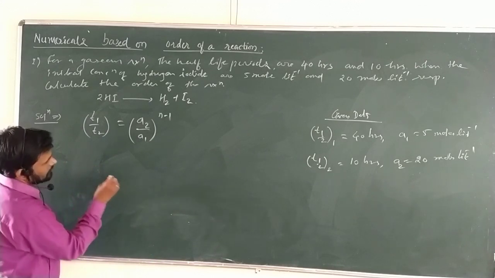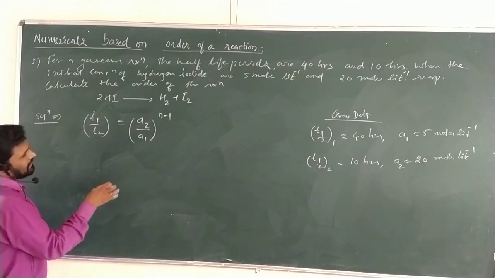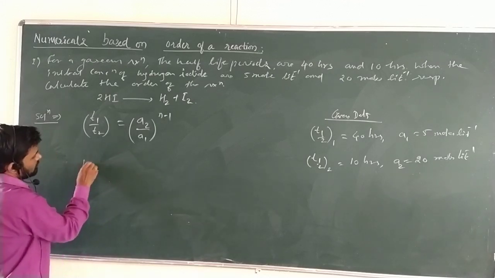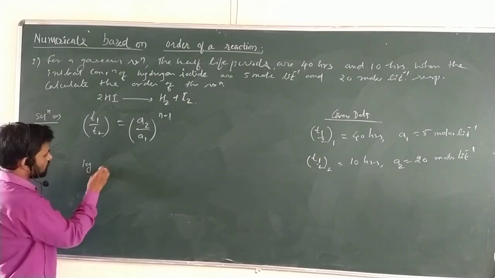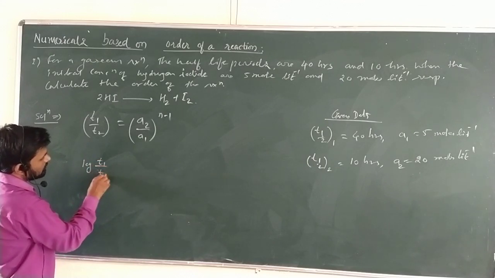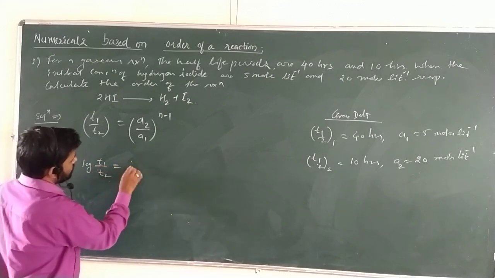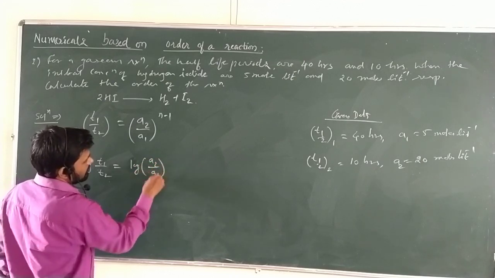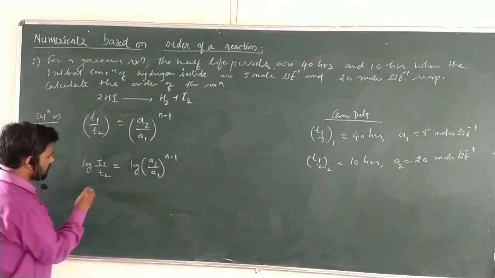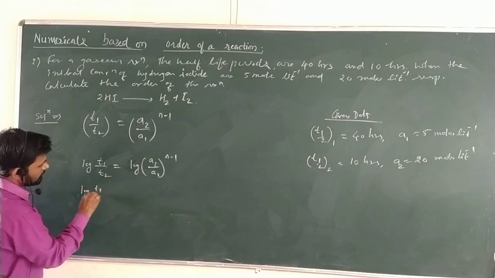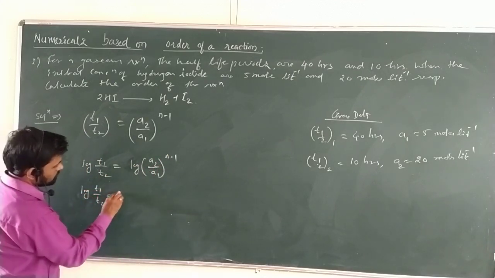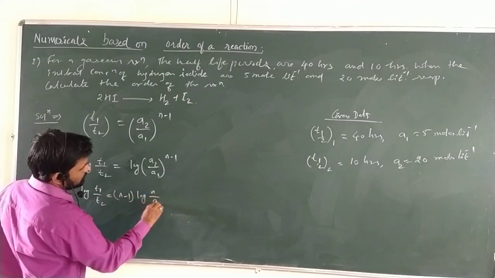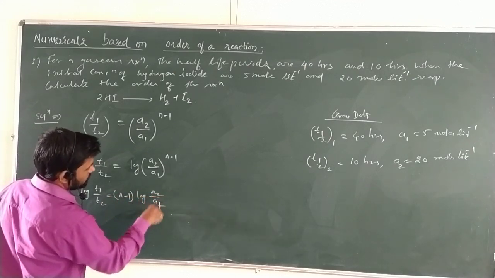Take the logarithm on both sides: log of T1 upon T2 equal to (n minus 1) log of A2 upon A1.